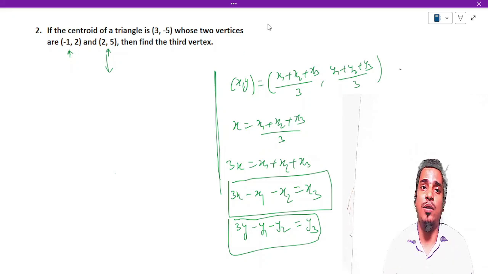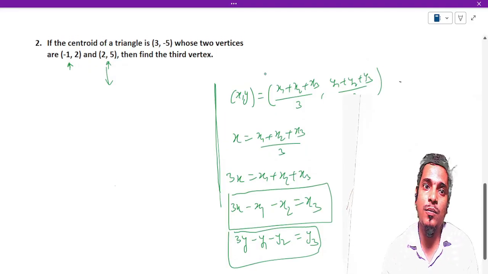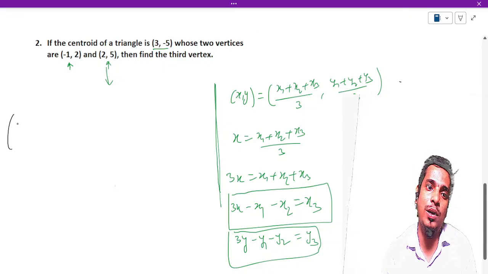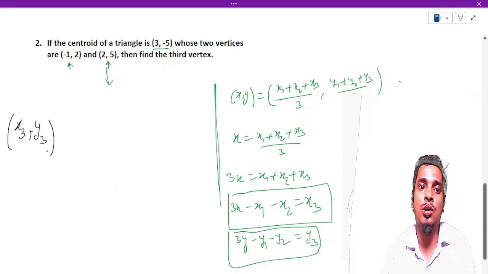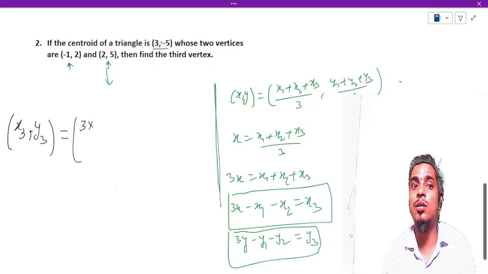So over here, if we look into the question, the centroid of a triangle is given and the 2 points are given. We have to find the third point. So the third point is x3 comma y3. So we can write x3 as 3 times the coordinate of the centroid.